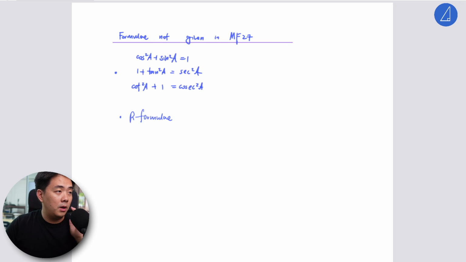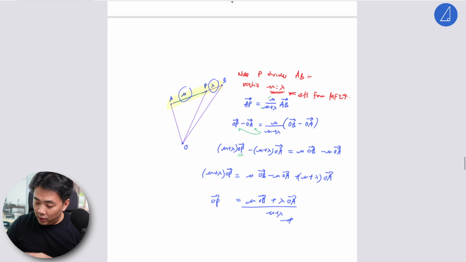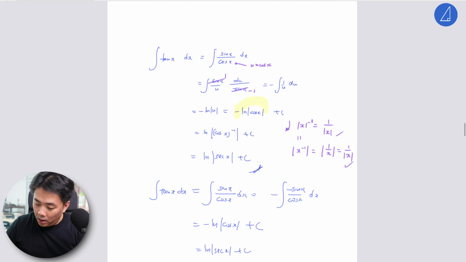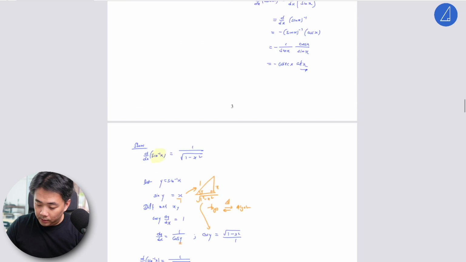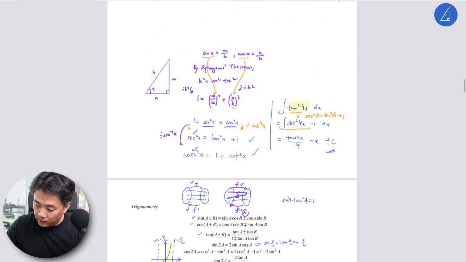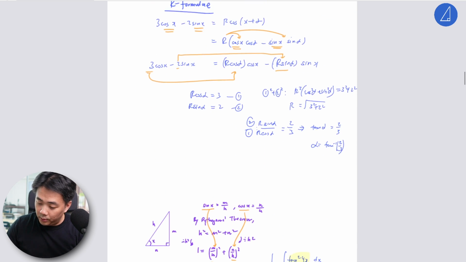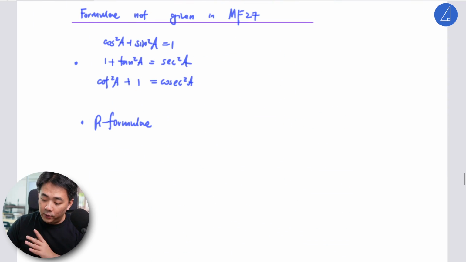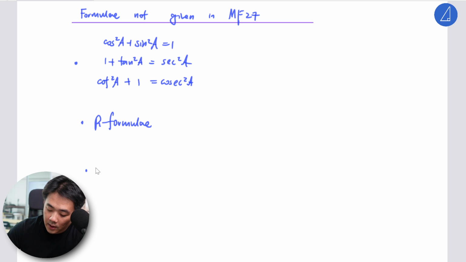For what we have already gone through, the formulas not given in MF27, I already talked about the R formula and also sine square A, cosine square A, and then we derived how to show them. So you just go back. I'll give you the R formula worksheet later with all the questions which will come up. Just remember also arc length is not given. We mentioned arc length in the last lesson.